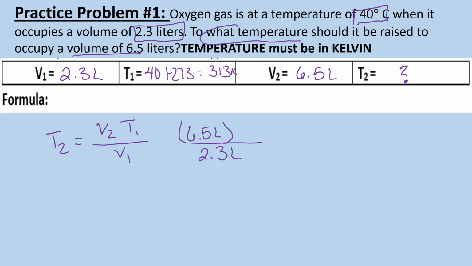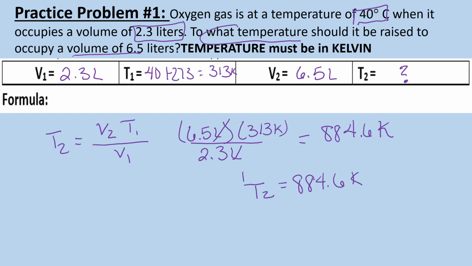And our T1 was 313 Kelvin. Liters cancel out. So our T2 is going to be equal to 884.6 Kelvin. So T2 is equal to 884.6 Kelvin.